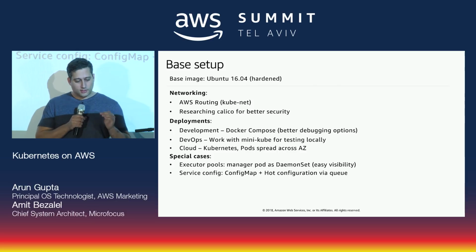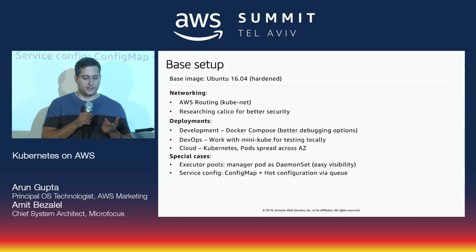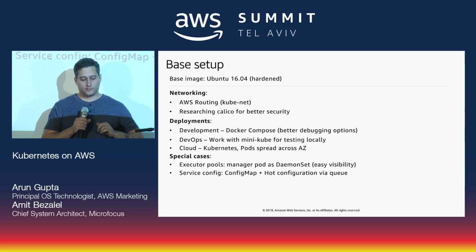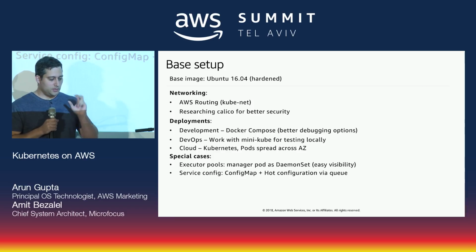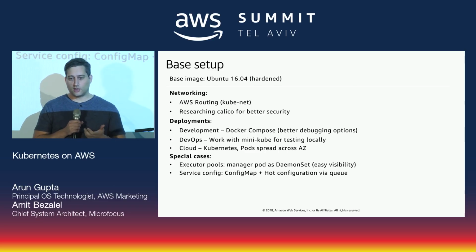The deployments in the developer machines are kind of different from Minikube. So we don't use Minikube because deploying with Docker Compose in the development machine allows you to really debug. So you can, obviously you can always open a port, but you debug on the machine, you can change the code, and you mount that code into the development Docker.